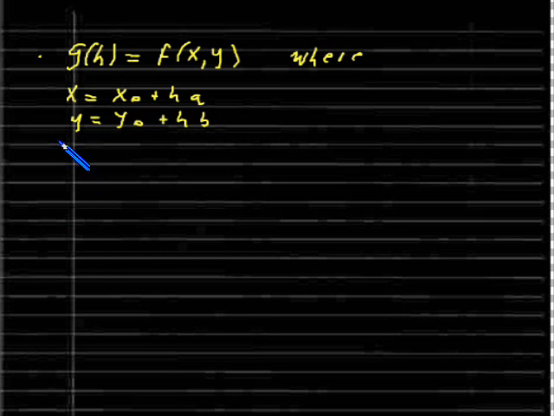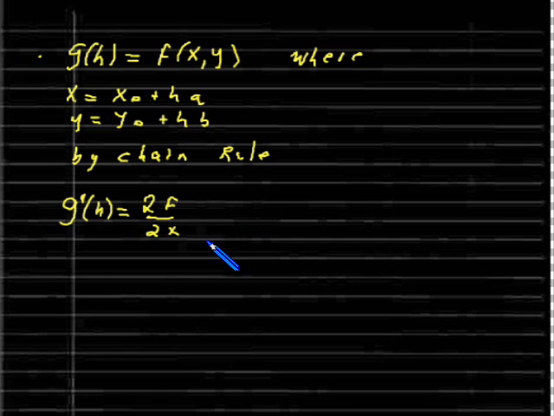Now, by the chain rule, we get that the derivative of g in respect to h, that is g prime of h, is going to be equal to the partial of f in respect to x times the derivative of x in respect to h, dx dh, plus the partial of f in respect to y times the derivative of y in respect to h.